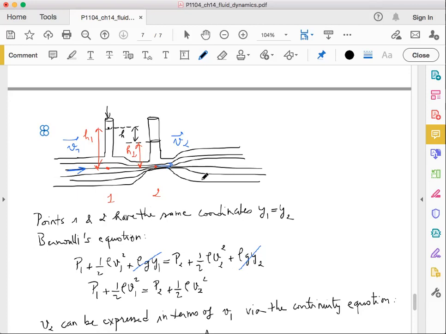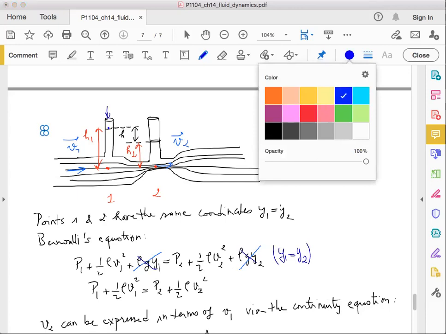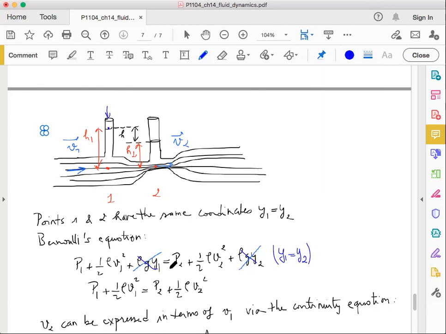If the two points are at the same level, that allows us to get rid of the elevation term y. Since points 1 and 2 are at the same level, y1 is equal to y2, so we can consider these two terms to be equal and get rid of them. Then this reduces to P1 plus half rho V1 squared equals P2 plus half rho V2 squared.